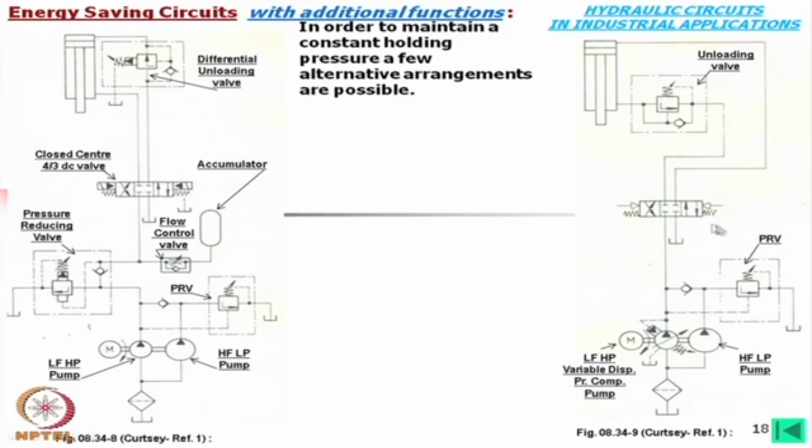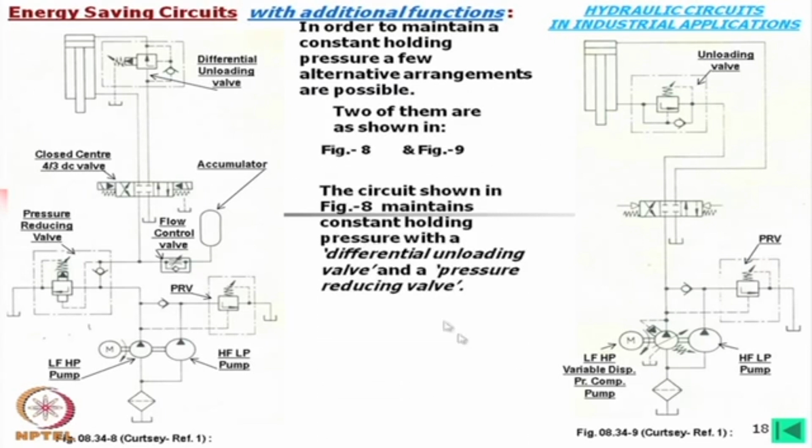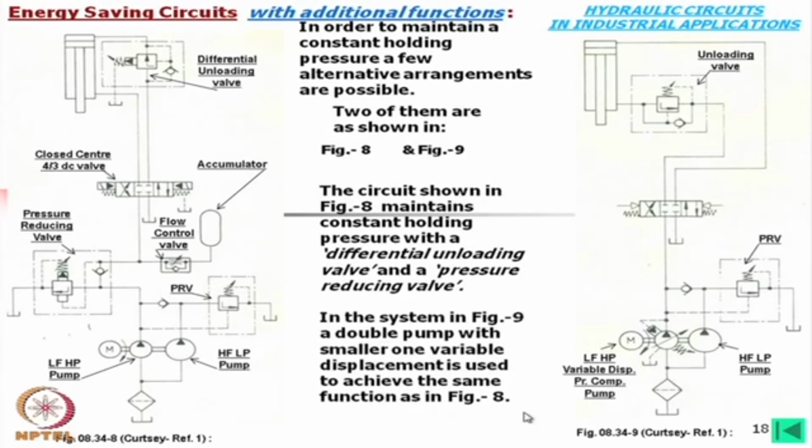These are other two circuits with unloading valves. So, in these circuits, we have differential unloading valve and pressure reducing valve. In this case, we have only one simple unloading valve.